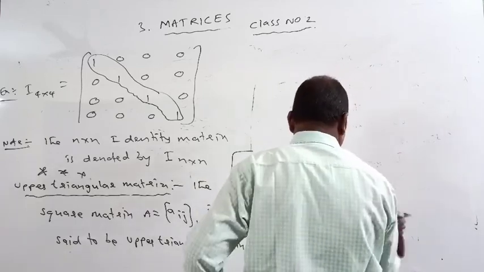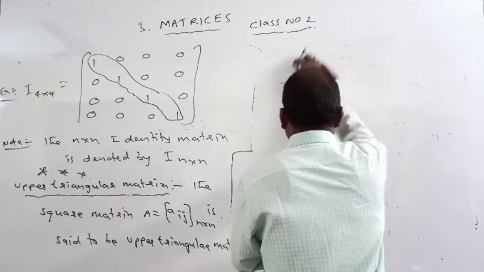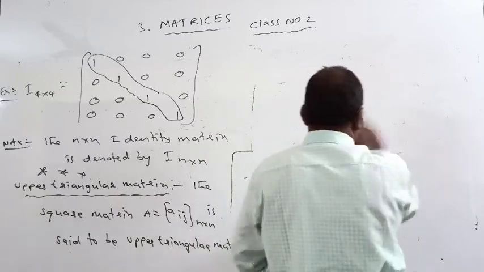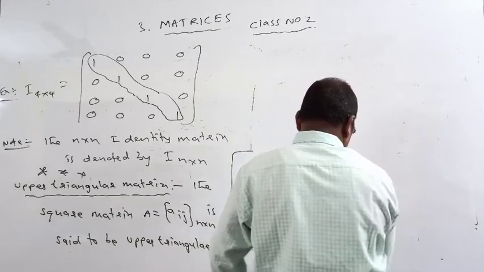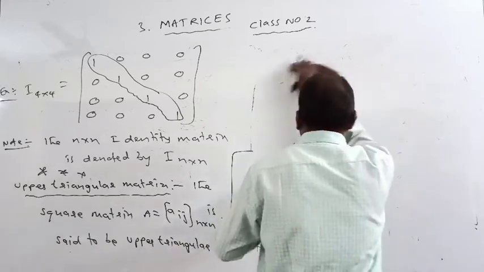Means just see down. What is the meaning of Aij? Ith row and jth column. See this one. Example.